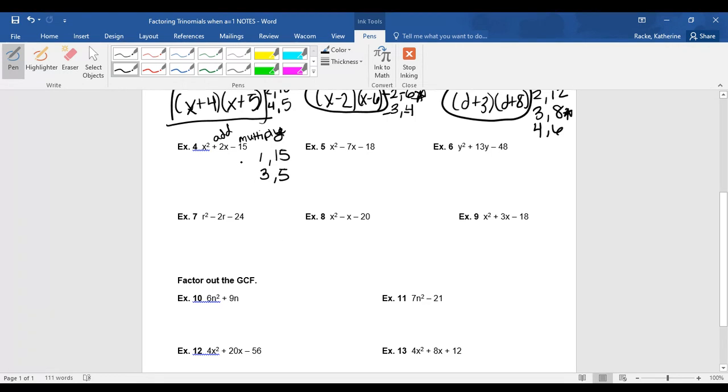One is going to have to be negative, but we want our answer to be a positive 2, so your smaller number is going to be the negative. 15 minus 1 gives us 14. 5 minus 3 gives us 2. So your two binomials are going to be x minus 3 and x plus 5. Not very good at doing this.